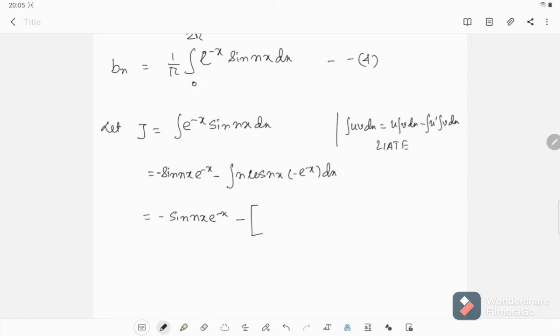Again we have it like this, so this time it is n cos nx e to the power minus x, and then put the negative sign again, and the first derivative will produce minus n square of sin nx, and that e to the power minus x dx.